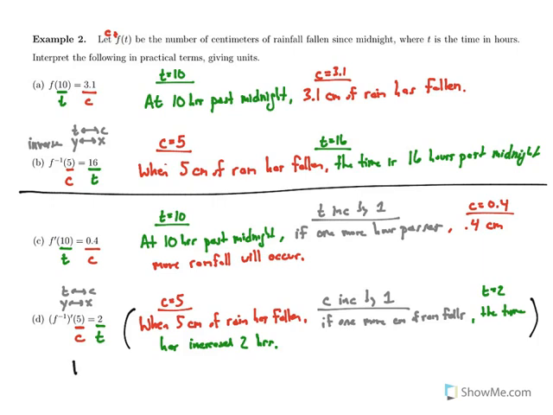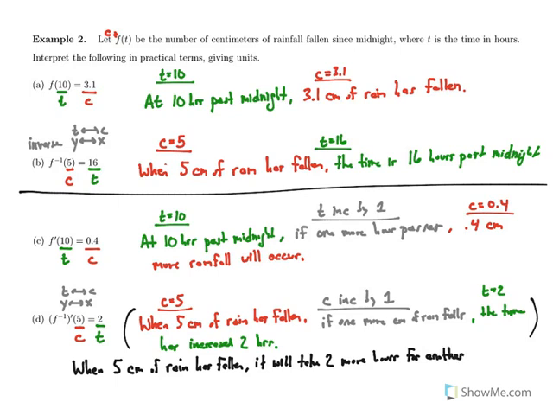Let's write that as when 5 centimeters of rain have fallen, it will take 2 more hours for another centimeter of rain. And that sounds like a more useful English sentence. So we can do that for all of those.